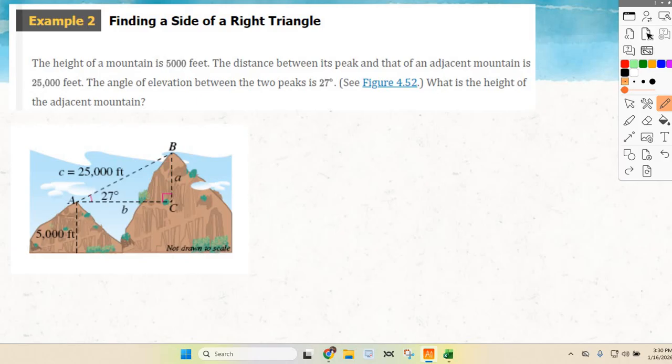If we're looking for A, what is the relationship of the side for A given 27 degrees? It's the opposite. And this time, what's our C? The hypotenuse. So which of our trig functions is opposite and hypotenuse? Sine. So we're going to use sine this time instead.